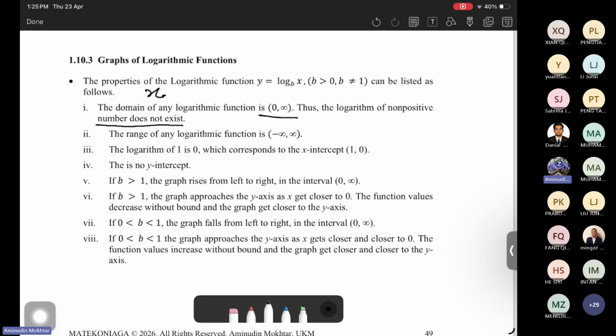The value of x must be greater than 0. That's the value for x. The domain refers to x.